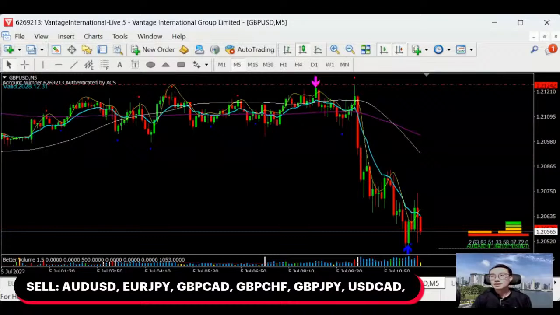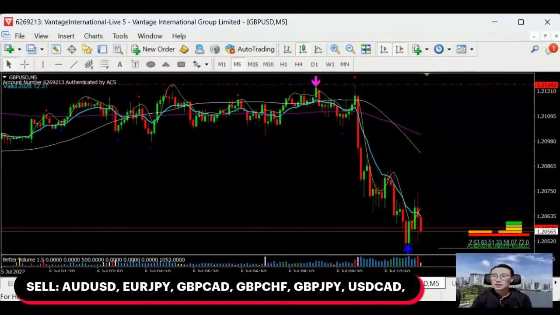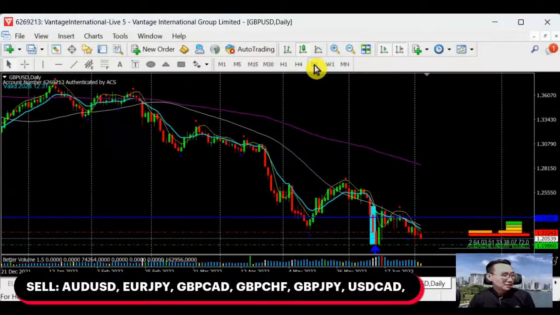Look at the daily time frame. Six supports on the daily time frame.